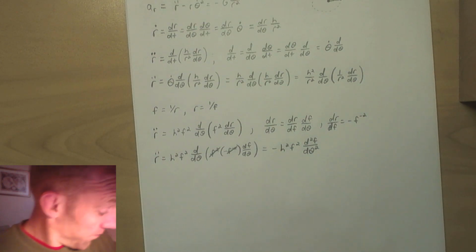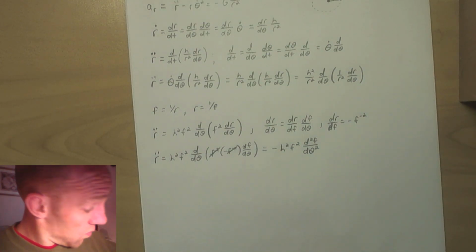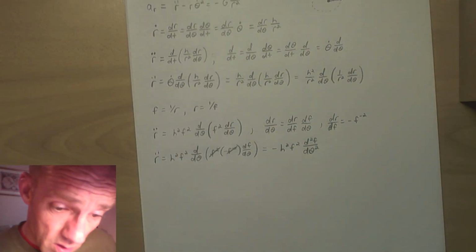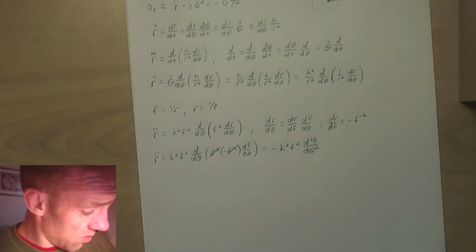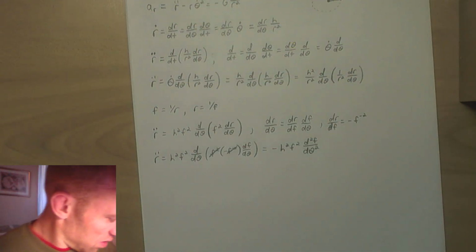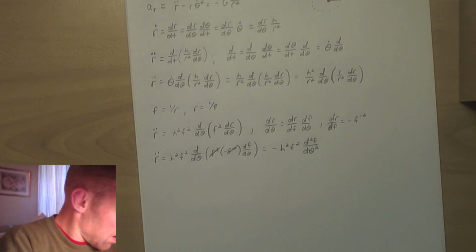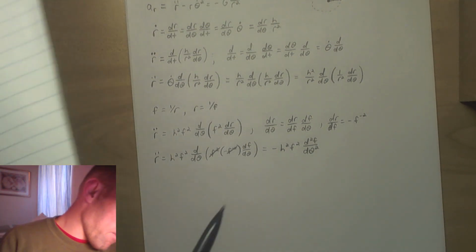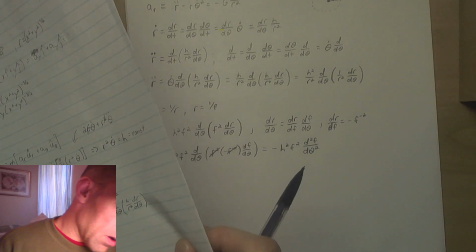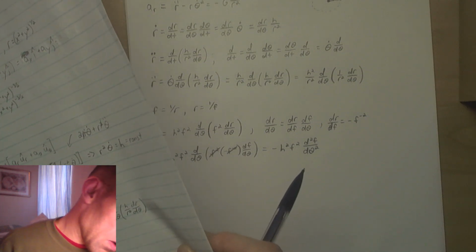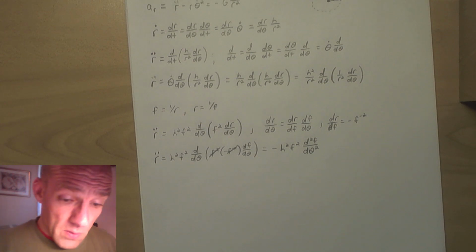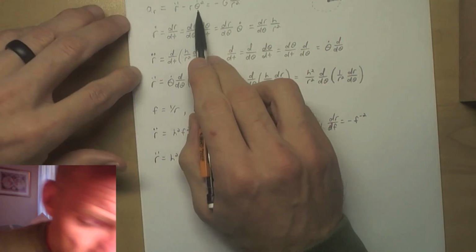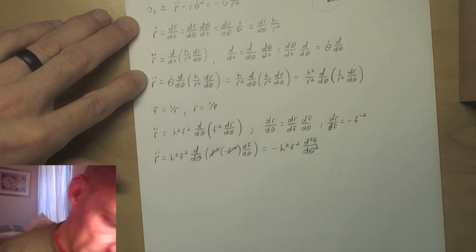Now we're going to need to figure out, there's a theta dot squared somewhere. Where was that? Yeah, here it is. So we still haven't figured that one out.